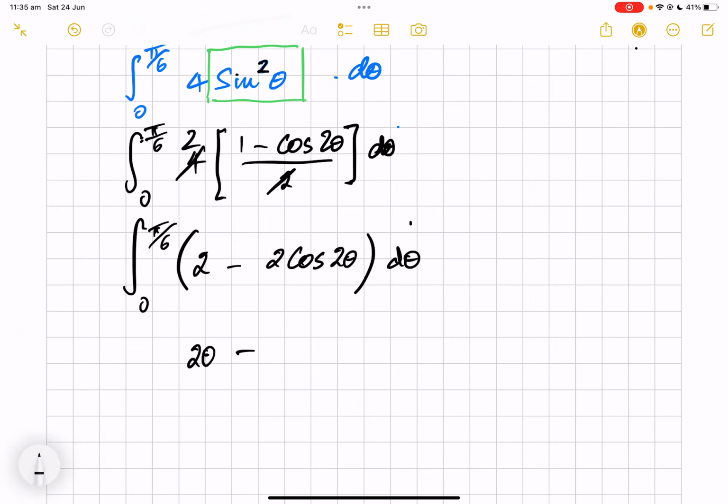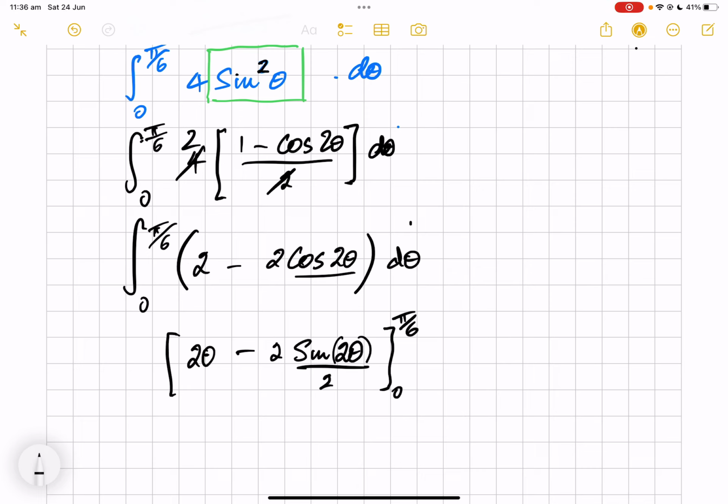And the integral of cos 2 theta is sine 2 theta, and then you divide by the derivative of that bracket. Because it's a definite integral, we don't put plus c. We just integrate from 0 to pi over 6.